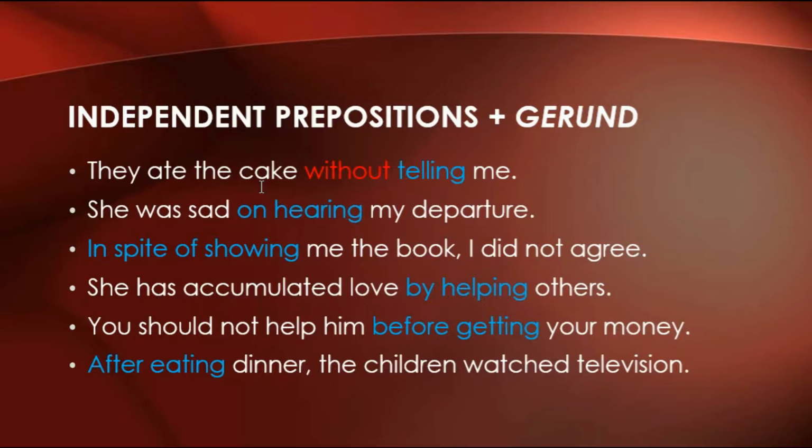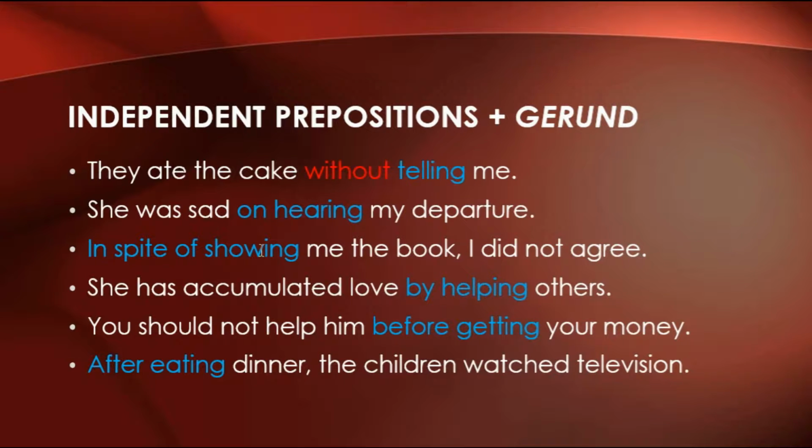This is my prepositional phrase, without telling. I have an independent preposition, then I have my gerund right after it. And it helps the reader understand the sentence better, and it's very necessary for you because it is used on a daily basis and it's very common in the language.